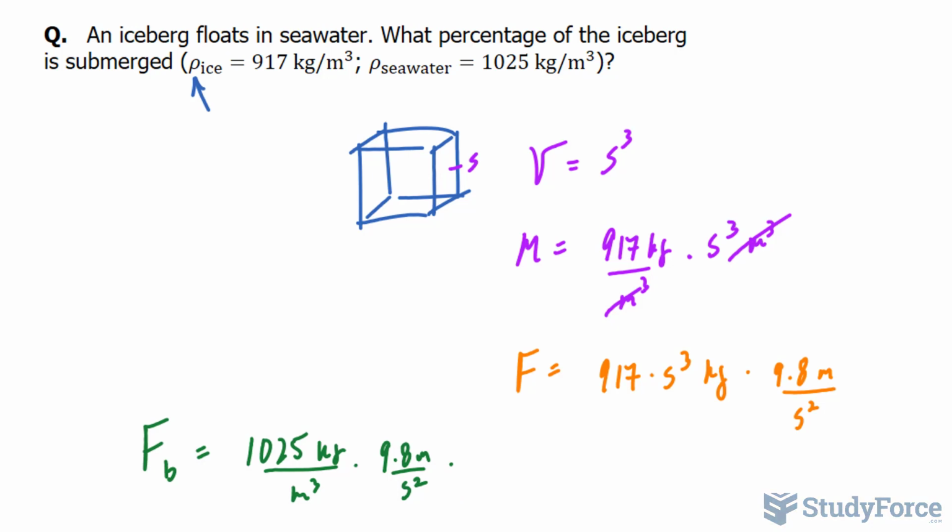So what I will do is write down this expression for volume times a constant k, which represents a fraction of s to the power of 3. I'll use the letter k for constant. So k times whatever the volume is, s to the power of 3.